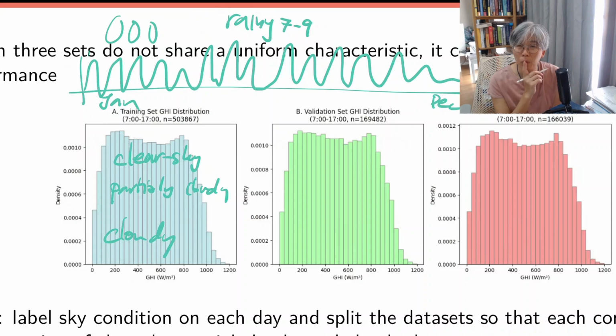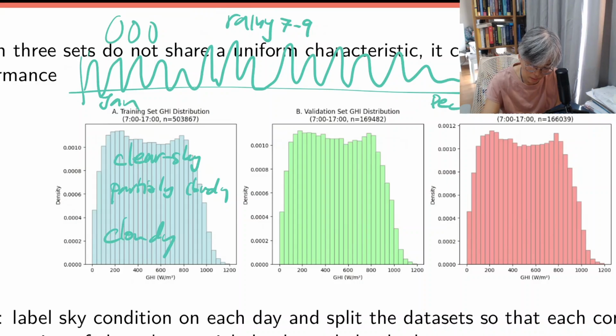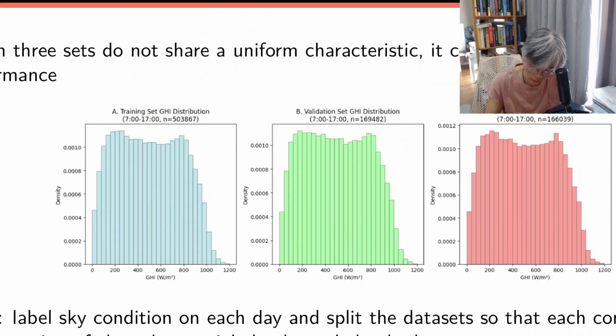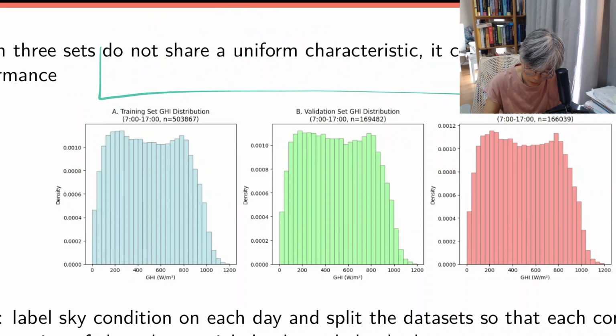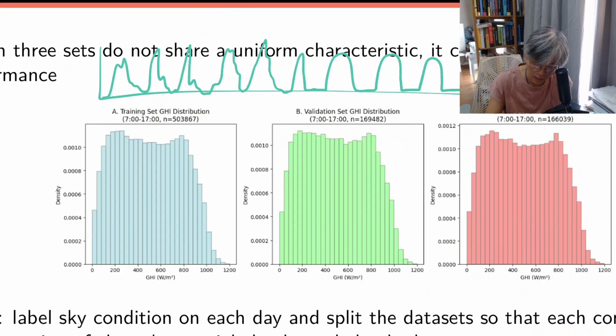For example, what would be the issue if you didn't shuffle the data in this way? Let me explain with an example, and I'm going to make the plot again. Suppose this is your data set, and let's say you use the hold-out method.